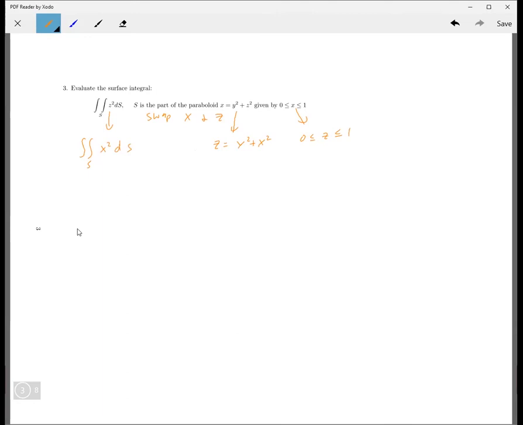Okay, and if I do this problem, it's going to give me exactly the same answer as that one would. So I do this problem instead, and that way it's easier for me to apply the formulas.